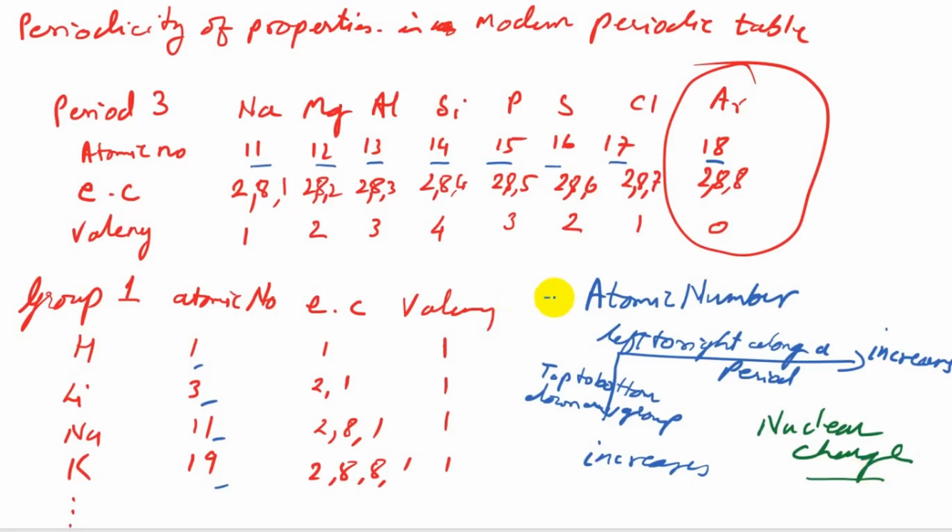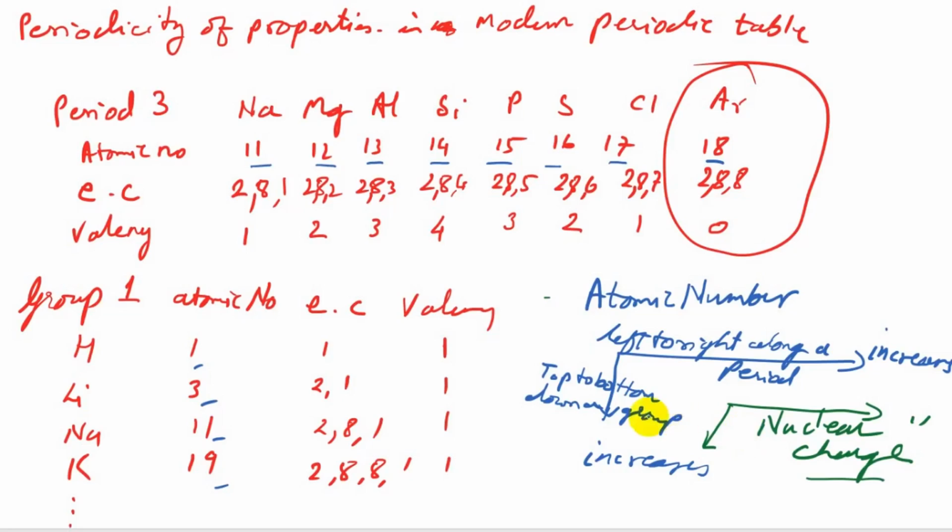So the nuclear charge increases left to right, and top to bottom also increases. Atomic number relates to nuclear charge, and nuclear charge is increasing left to right as well as top to bottom.